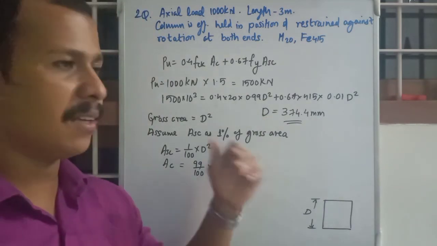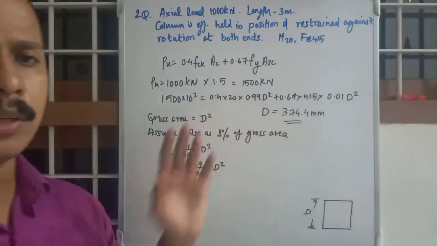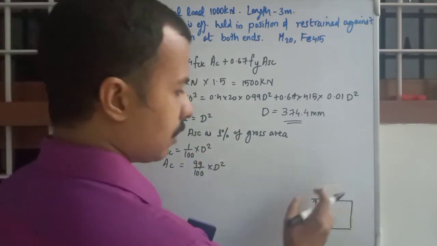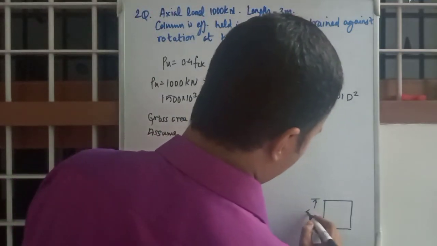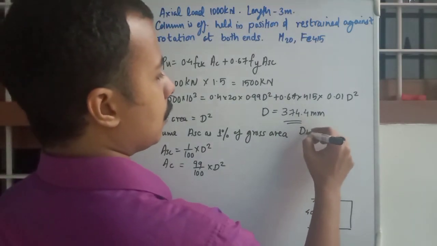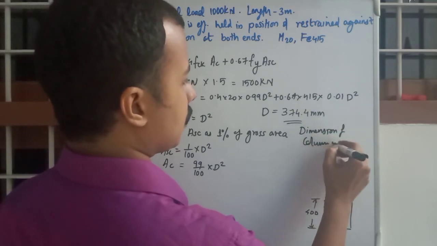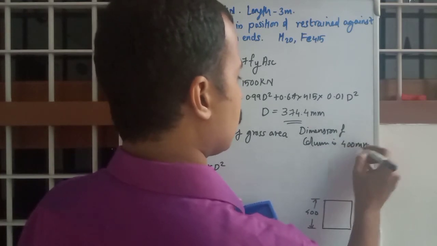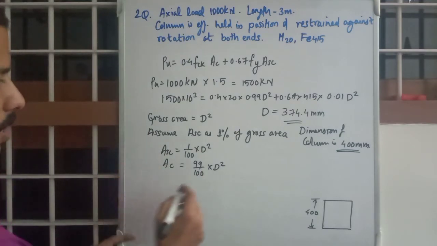Obviously, as it is concrete, we will round it up to the higher value. We can round it to 380, but for the ease of cutting formworks and all, we are approximating to 400 mm. So the dimension of the column is 400 mm.